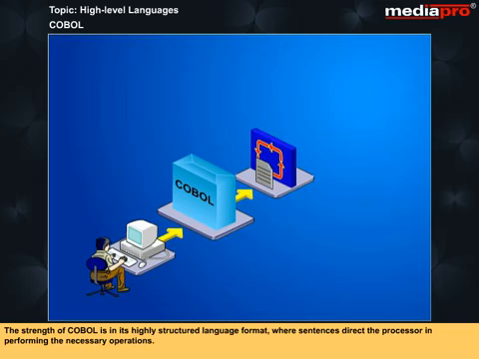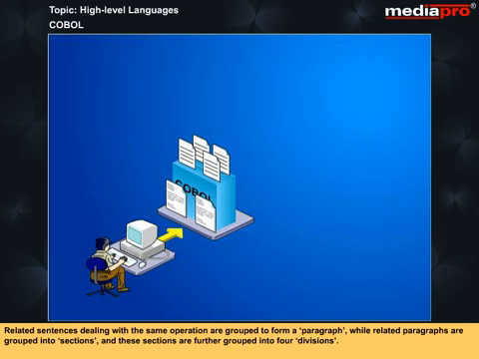The strength of COBOL is in its highly structured language format, where sentences direct the processor in performing the necessary operations. Related sentences dealing with the same operation are grouped to form a paragraph, while related paragraphs are grouped into sections, and these sections are further grouped into four divisions.